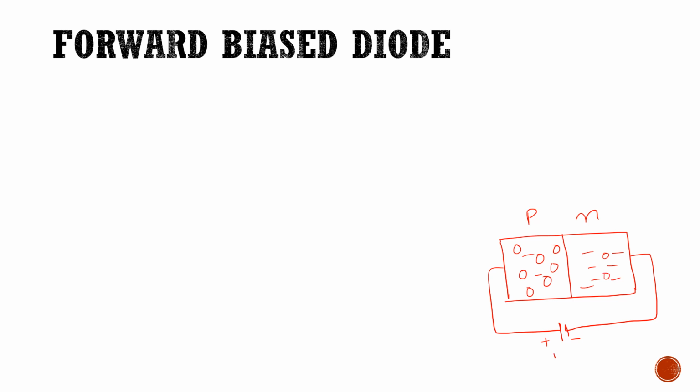Now, when this source voltage Vs is greater than 0.7 volts, which is the barrier potential for silicon diodes, holes from the p region and electrons from the n region begin to diffuse across the p-n junction, forming the depletion layer or depletion region.